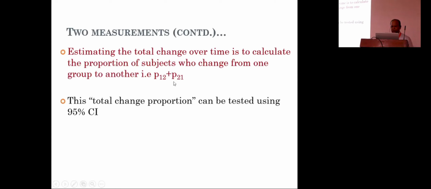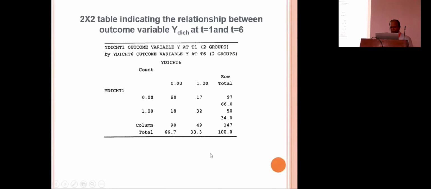Say for an example, someone who was in a low cholesterol level changed to a high cholesterol level. How many of the subjects went from high cholesterol level to low cholesterol level? This is what our interest is, because we are interested in change analysis.